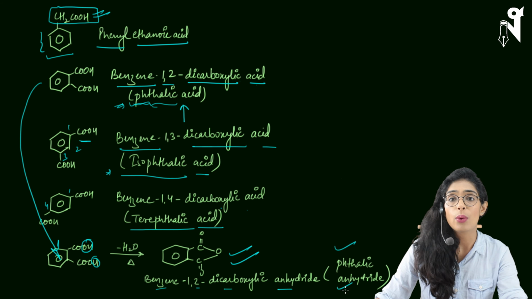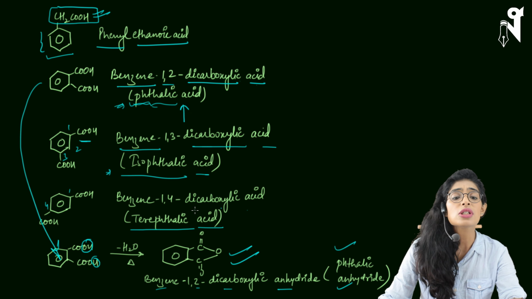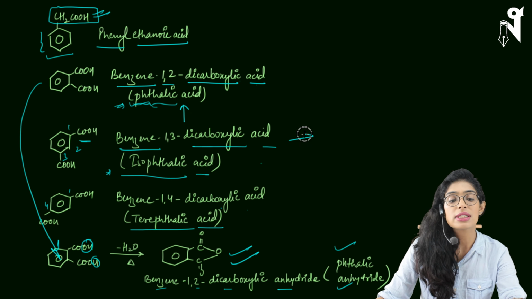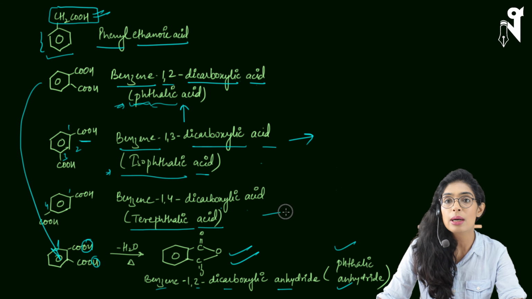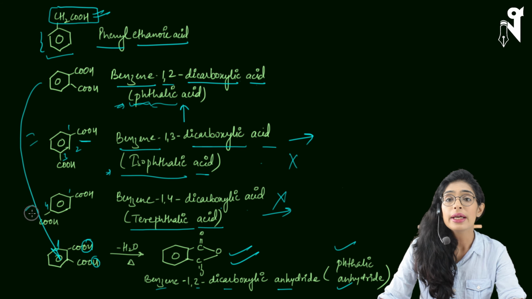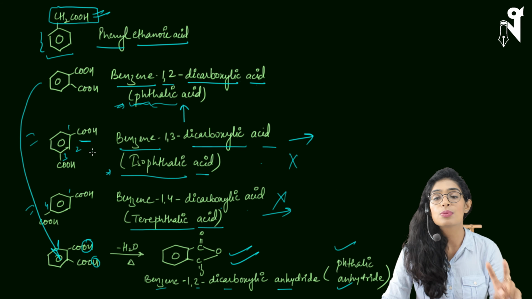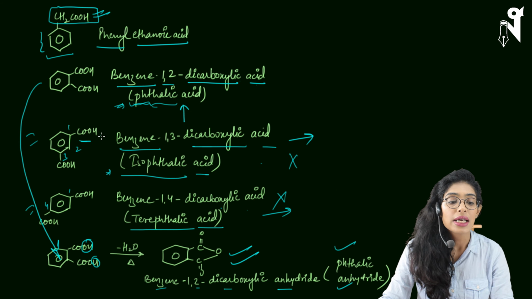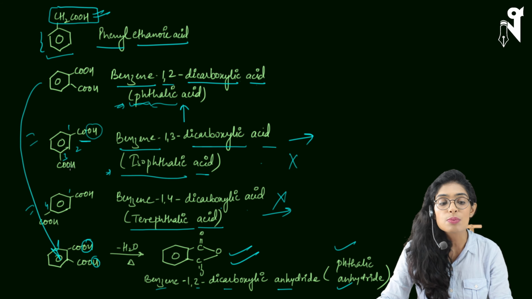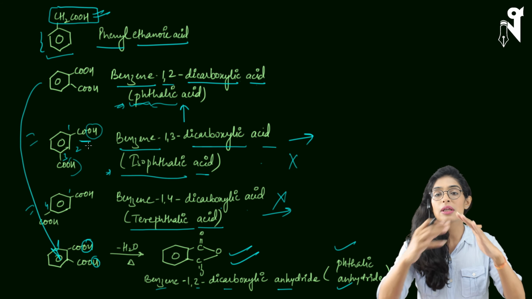Now we have to understand one thing over here. Is it possible to form the anhydride of benzene 1, 3 dicarboxylic acid and benzene 1, 4 dicarboxylic acid? Actually, no. We cannot form the anhydride out of these compounds. Why? Because we have two carboxylic acid groups, but when you heat them, they are far apart from each other, and they will lose H and OH. They can lose them, but they cannot form the bond because there will be angle strain.